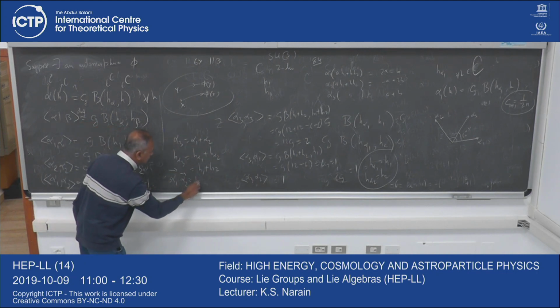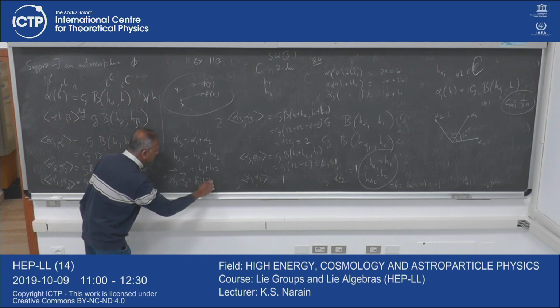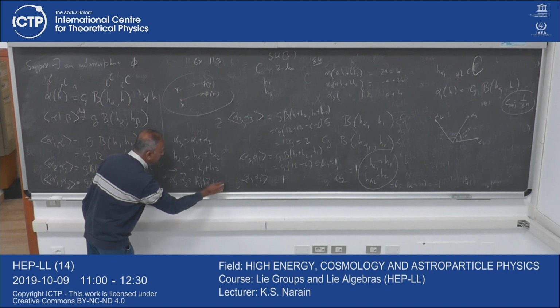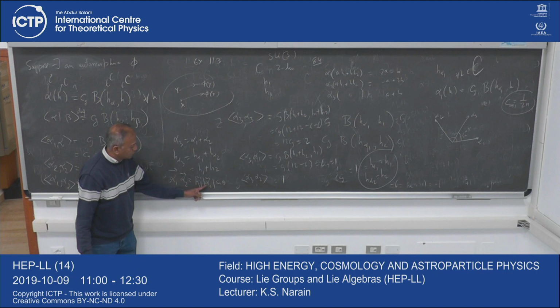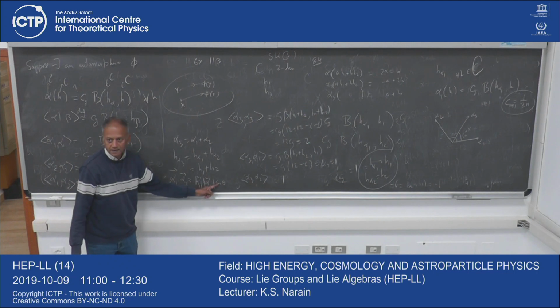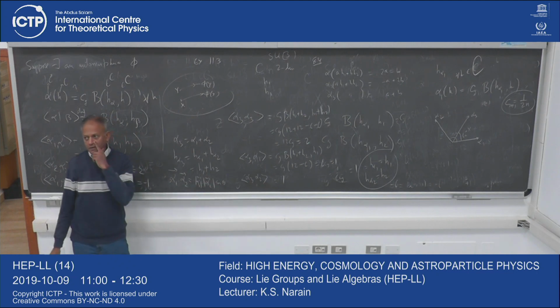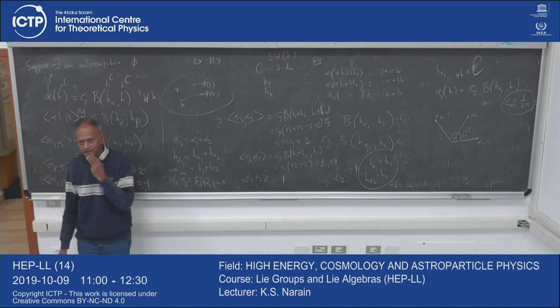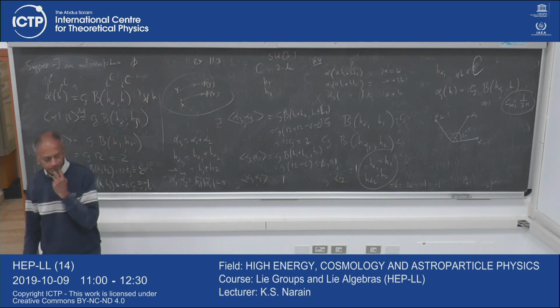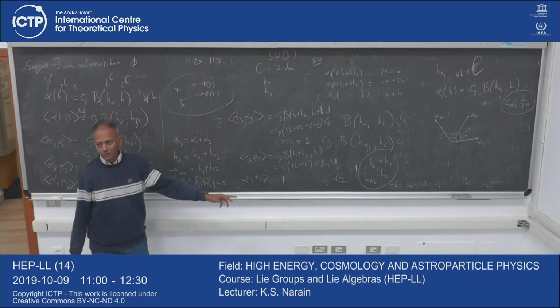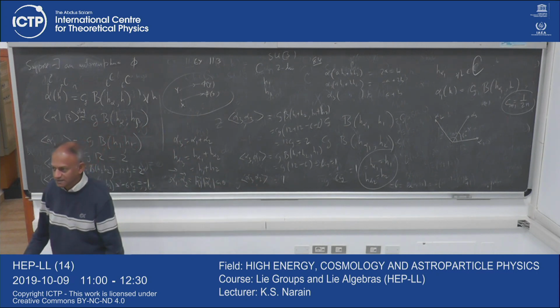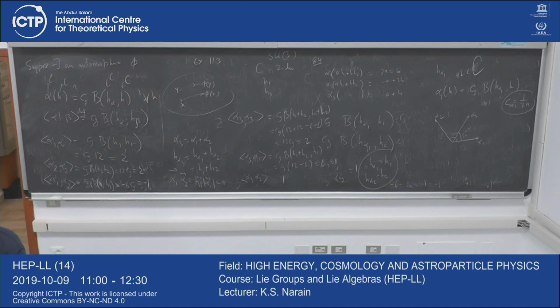This will be the length of alpha 1 times the length of alpha 2 times the cosine of the angle between the two. Now this is root 2, so 2 cosine theta is minus 1, and that is why theta is 120 degrees. And in this case it is 1, so 2 cosine theta is 1, so cosine theta is half, which makes it 60 degrees. So this is the way you get it.